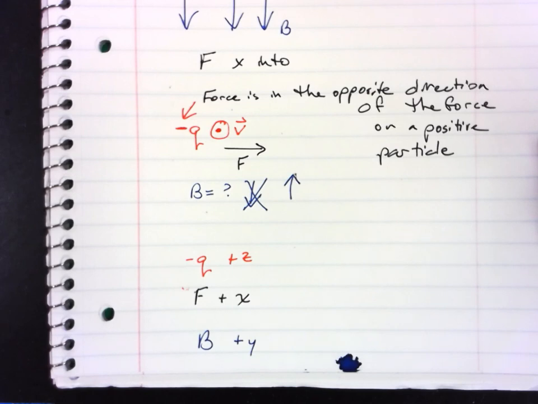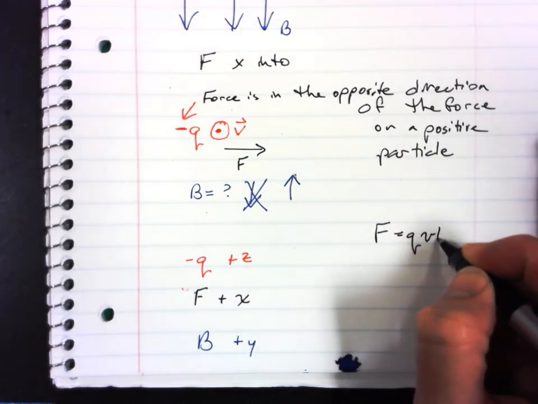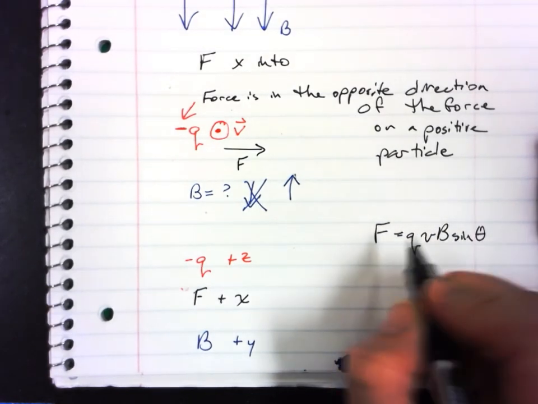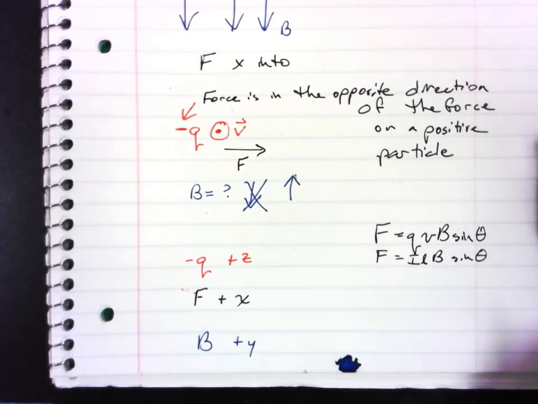So I have broken this topic into two separate assignments. The first assignment, you're going to calculate magnitudes only. So you're going to use F equals qvB sine theta, and F equals ILB sine theta. And it's very straightforward. It should not be a difficult assignment at all.